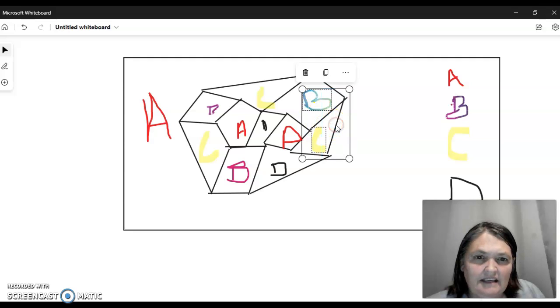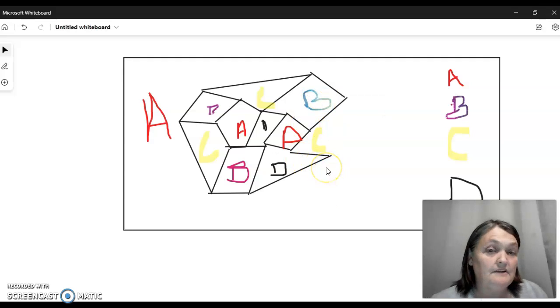I don't want to select the text. Select this line. Trash. There. So we just got rid of one of the edges, right?